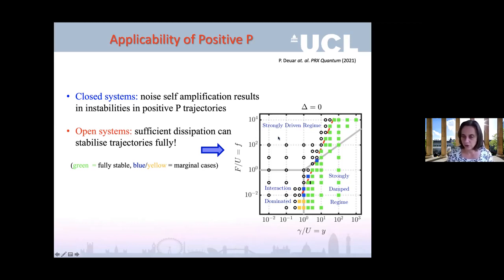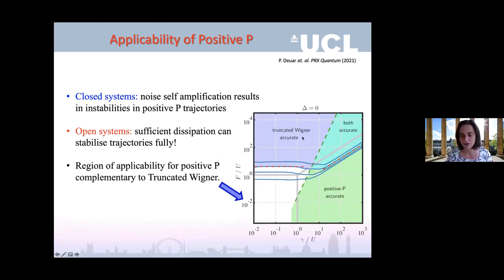So you'd have a feeling that methods which are a little bit approximate would describe that regime, and that's what we checked. We ran truncated Wigner calculations in the regime of strong drive, and then positive P everywhere.